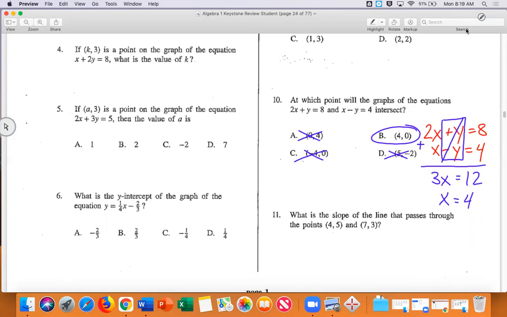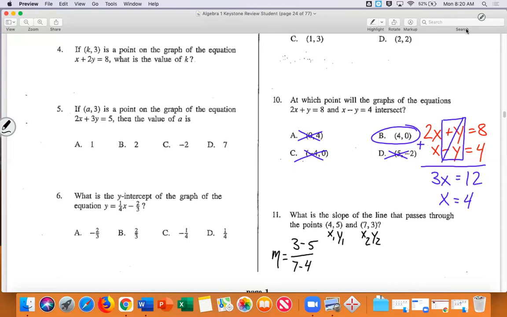Drew, how do we find the slope? X1, Y1, X2, Y2. And then really close. It's going to be 3 minus 5 over 7 minus 4. Okay.